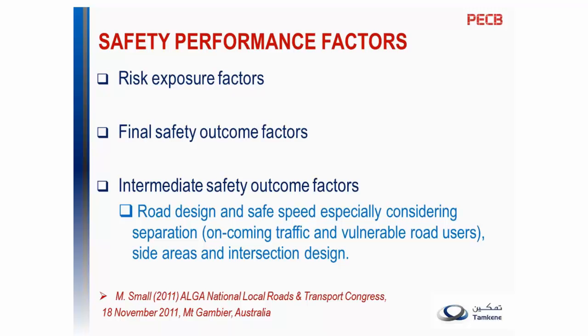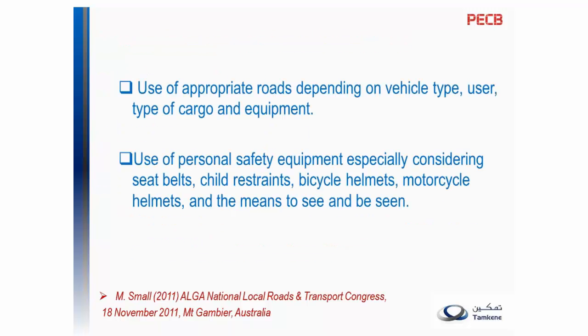Those are some of the intermediate or interim objectives. Then the use of appropriate roads depending on the vehicle and types of cargo. There were several accidents in the KSA that had something to do with the suitability of the vehicle and also the use of personal safety equipment.